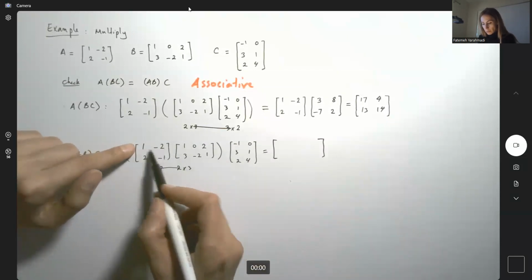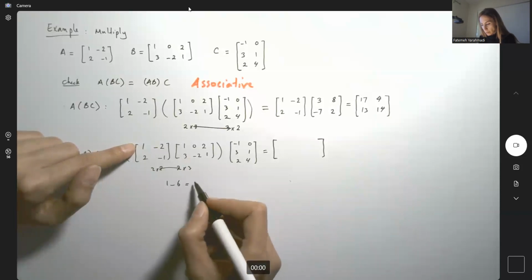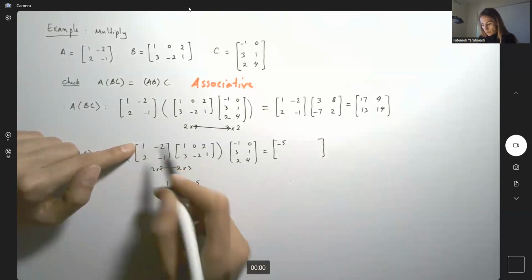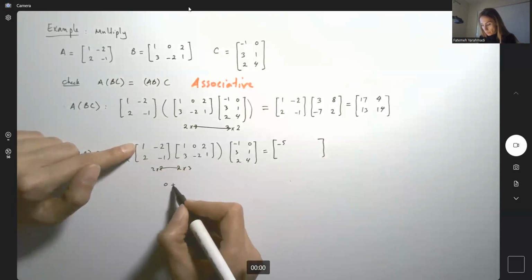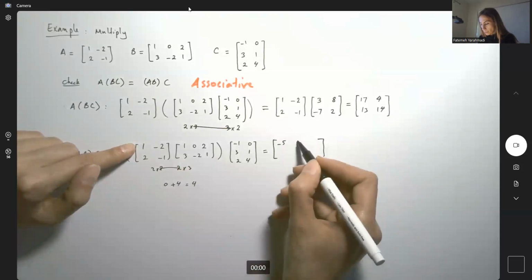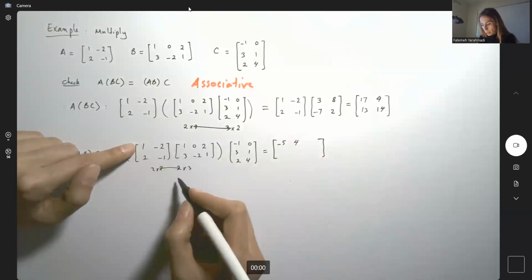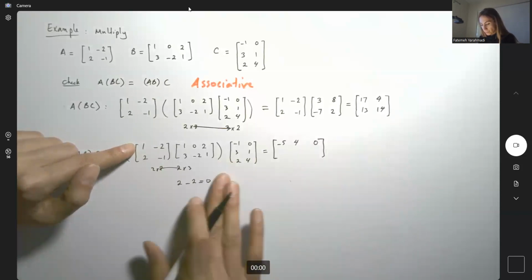Very good. The very first row by first column, you get 1 minus 6, which is equal to negative 5. Then the first row by the second column, you get 0 plus 4, which is just 4. The first row by the last column, it is 2 minus 2, which is 0.